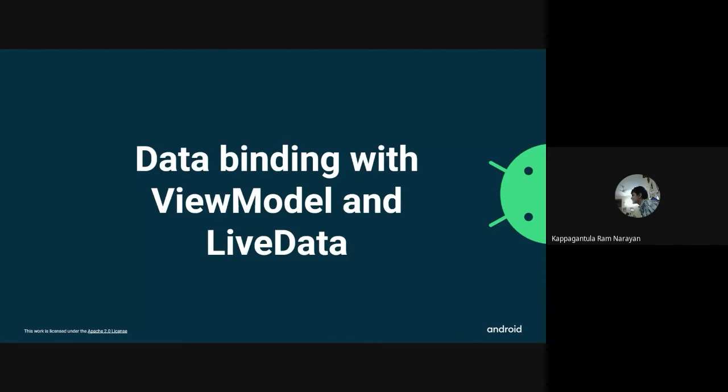Instead of doing this, any variables that you'll have to use continuously, you can mention them in your layout file using data binding. Now, once you enable data binding in your app, you can eliminate the UI controller class itself.